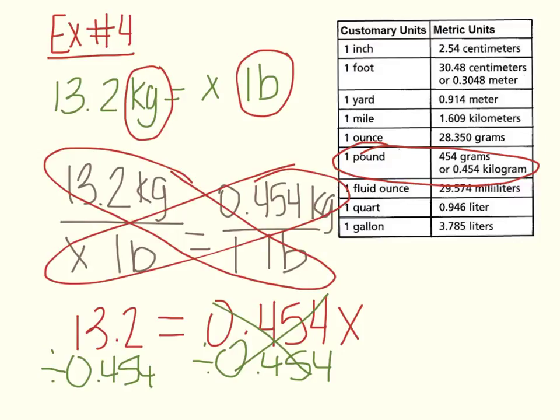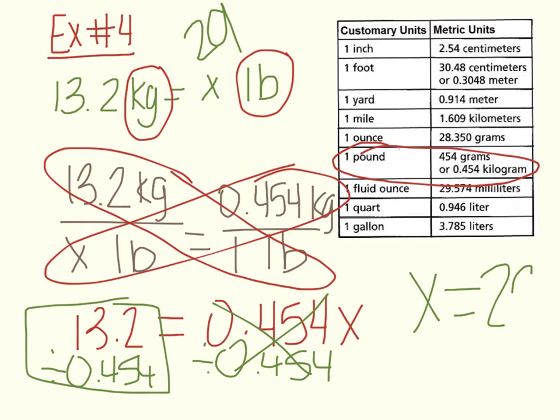And when we divide 13 2/10 divided by 454 thousandths, we get approximately 29. So X equals 29. So 13 2/10 kilograms equals 29 pounds.